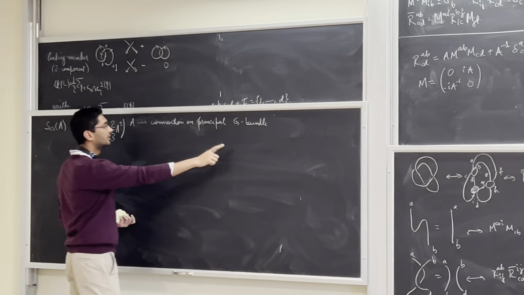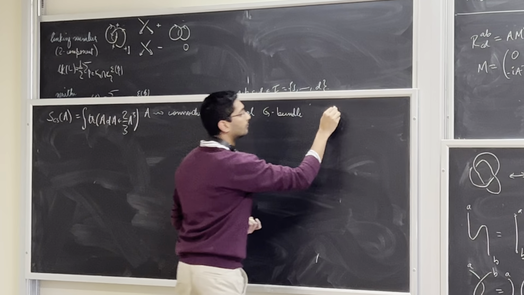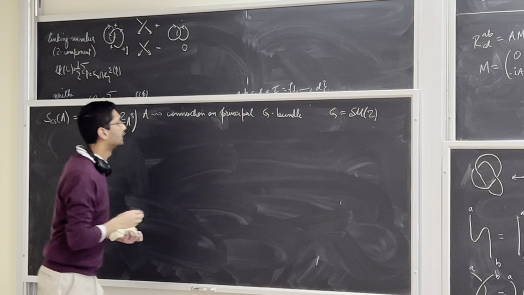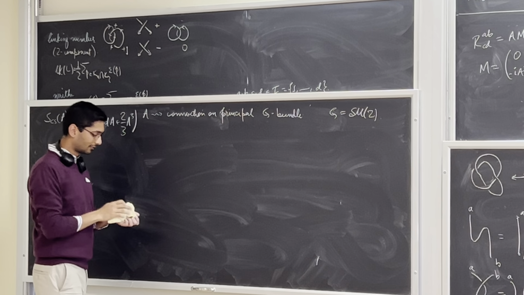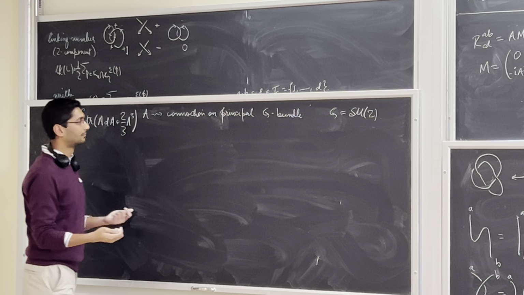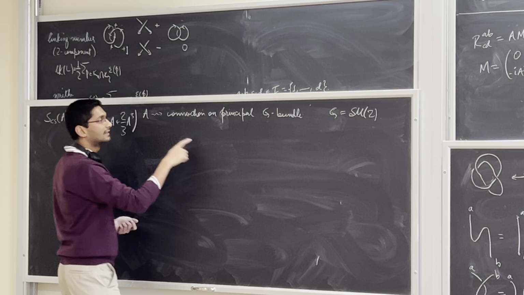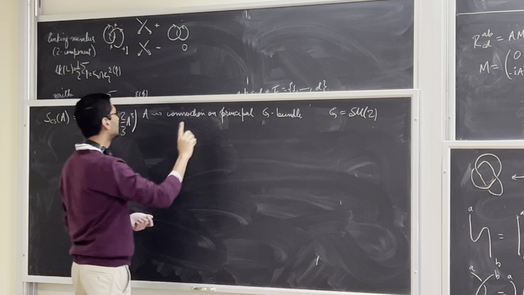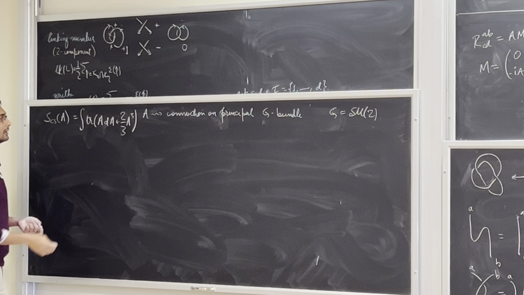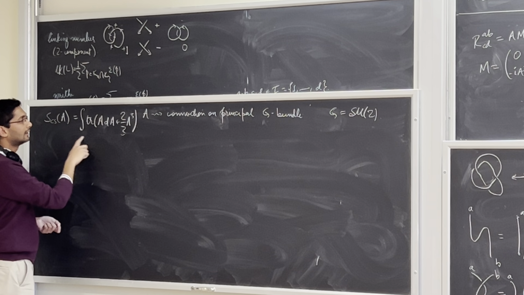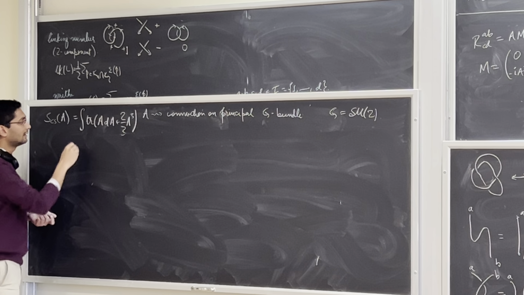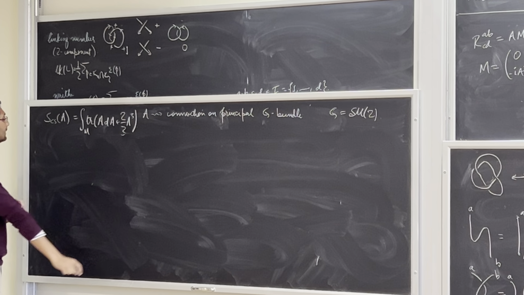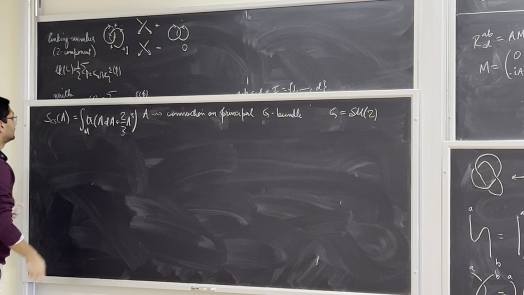So A is a connection on the principal G bundle. G will be SU(2), and it is a fact from geometric algebraic topology that when G is a connected, simply connected Lie group, then all principal bundles on a 3-manifold are trivial. That means that this expression is globally well defined, so there is no ambiguity when defining this as the action.